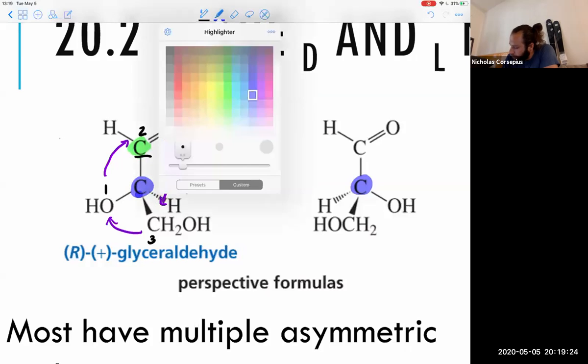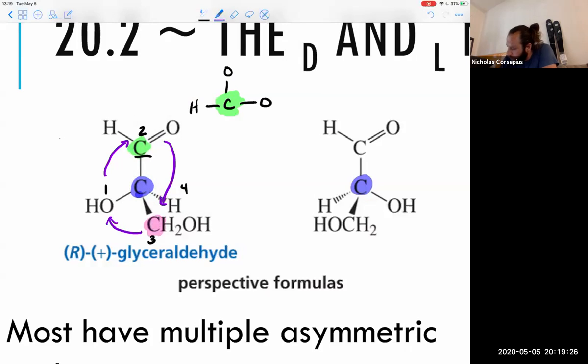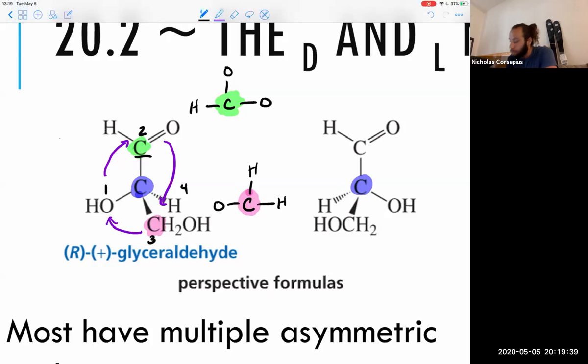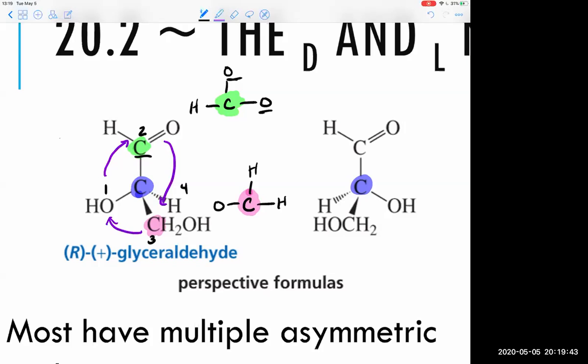Whereas if we had this one here, we think of this carbon as being bound to 2 hydrogens and 1 oxygen. So when there's a tie, you have to look at who's bound to what. Because it's double bonded to the oxygen, you count that twice. Got it. Thank you.